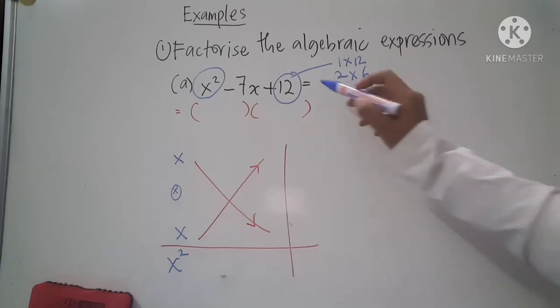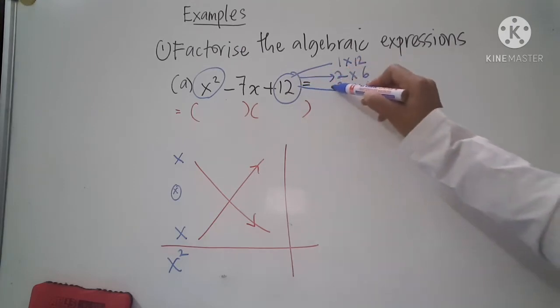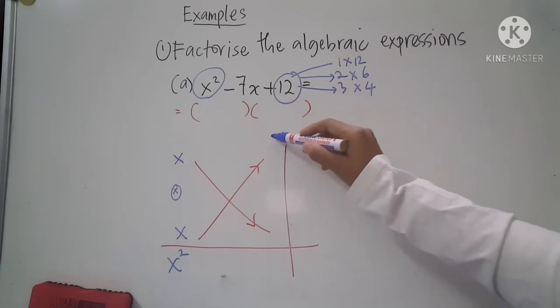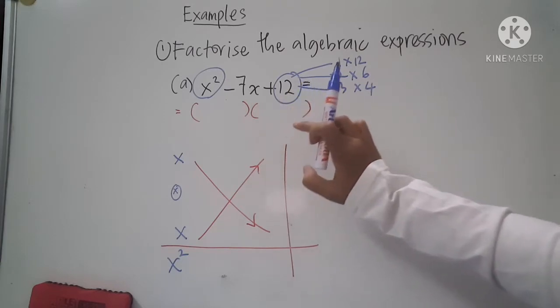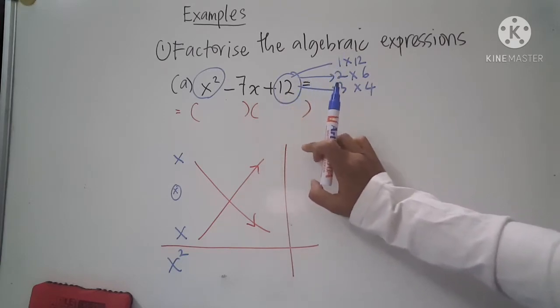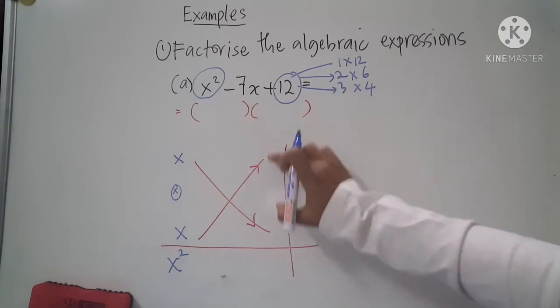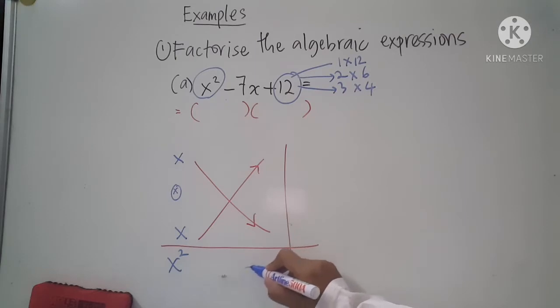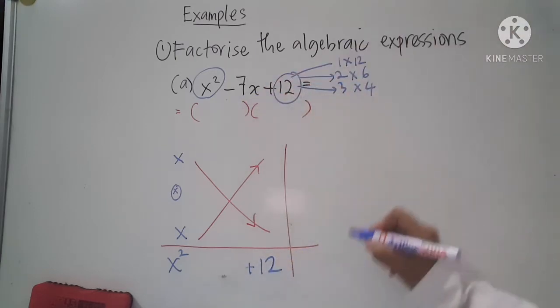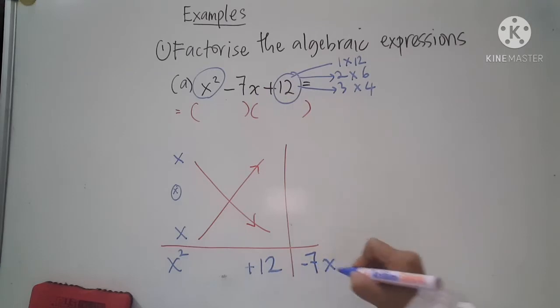Now which one are we going to use as the term to put at this area in order to have the positive 12? And the negative 7x is this side.